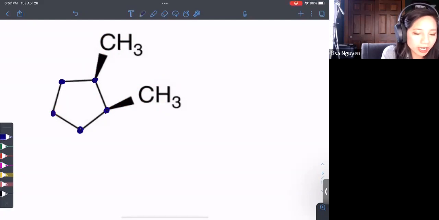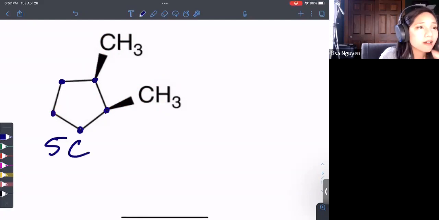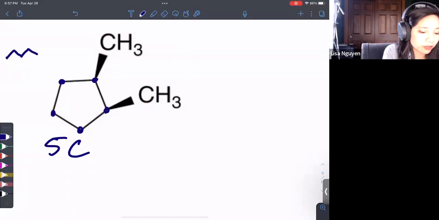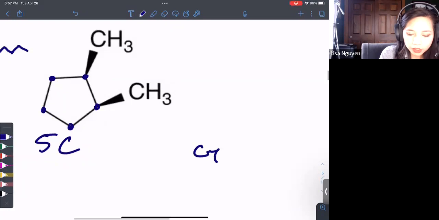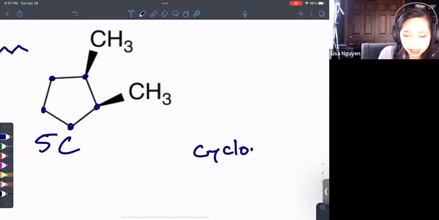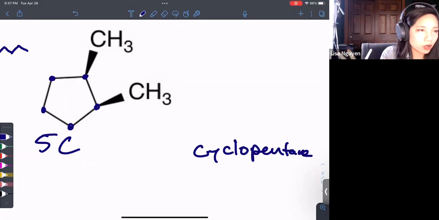I see in the ring there's 5 carbons. 5 carbons is pentane, so do memorize those names. But because it's a ring, we call it cyclopentane. If it was just 1, 2, 3, 4, 5 in a chain, we would call it pentane. The parent name cyclopentane goes at the end of the name.